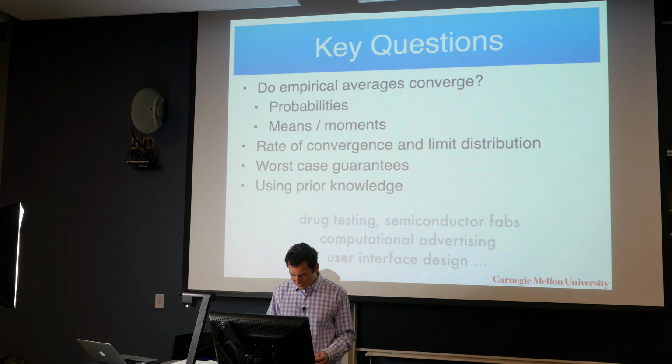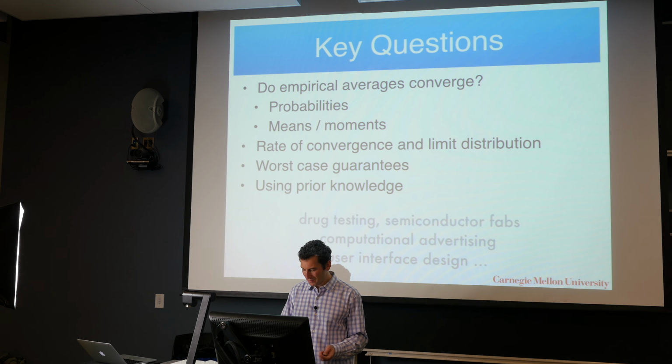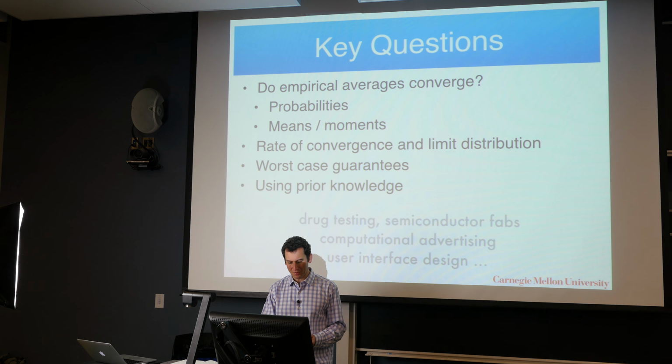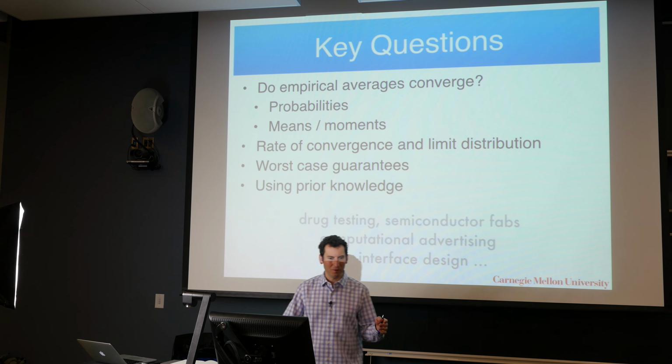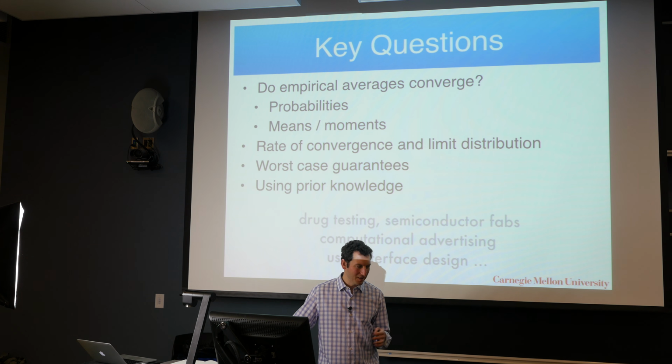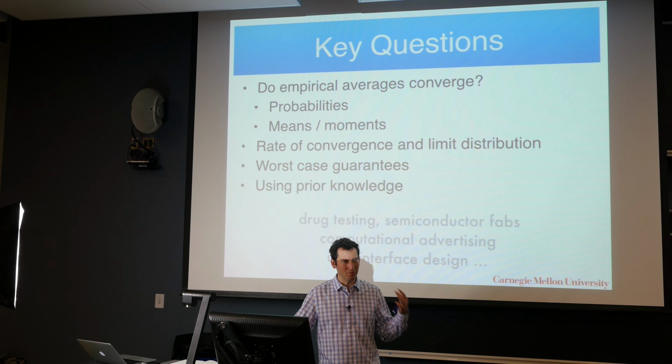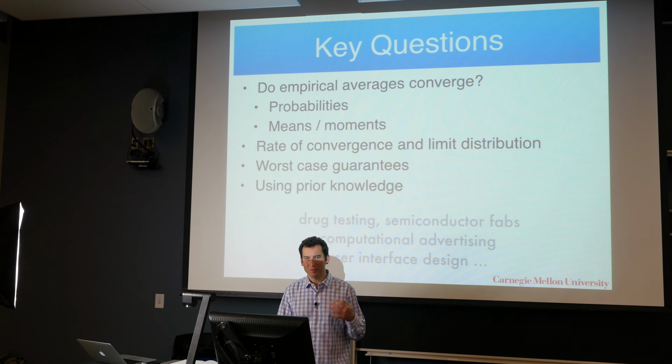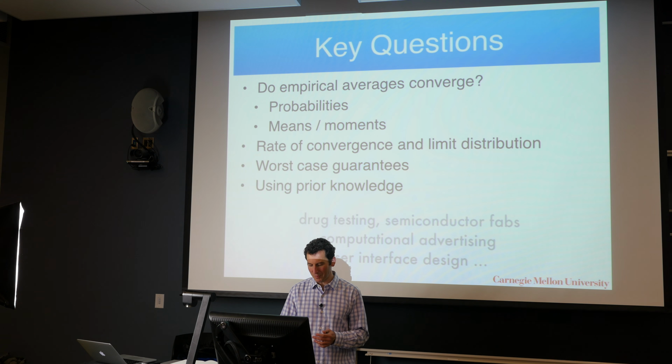So this is more than just an academic pursuit. And the reason why it's not so clear is because of multiple testing and because of people essentially trying to use additional prior knowledge and so on to get guarantees more rapidly than what you would have to do otherwise. We'll see examples of that as we go along.